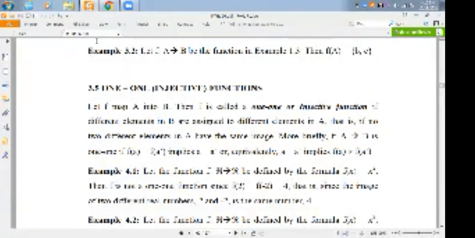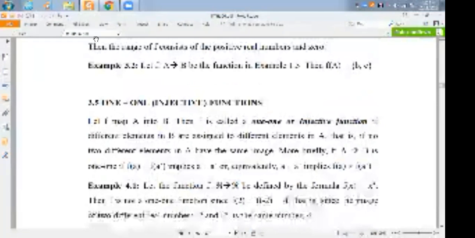There's no case where one number is being assigned to two numbers. So when there is no case of one element being assigned to two numbers, that is what we call one-to-one.